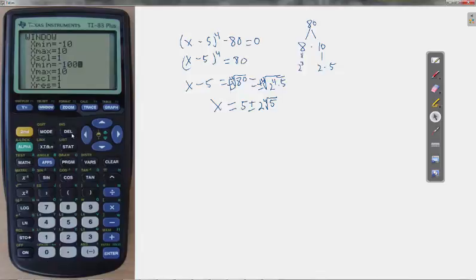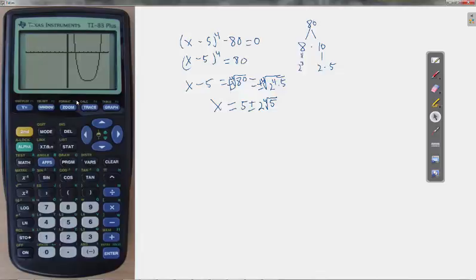Oop, not 1,000, that's way too far. And let's make the top go up a bit too. So negative 100 to 50. Alright, now we get a nice sense of the loop.